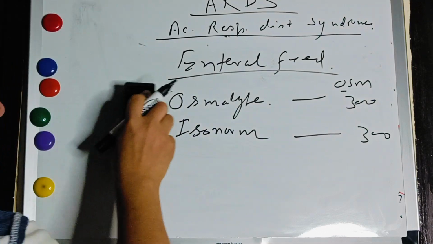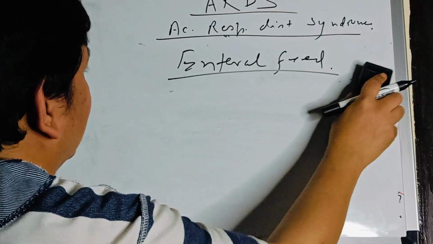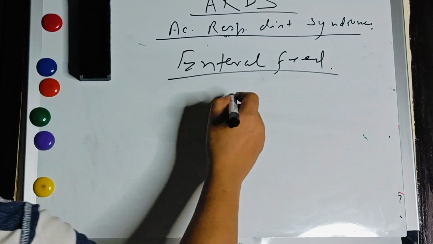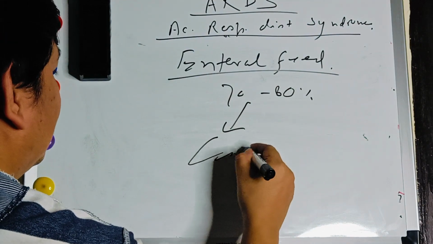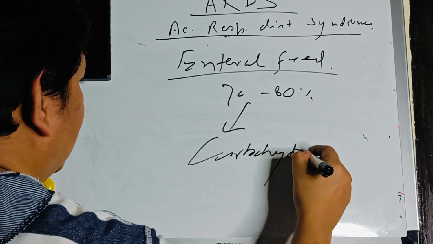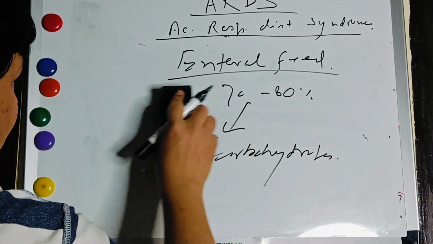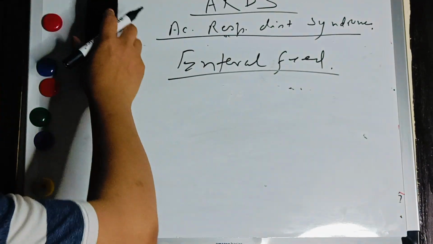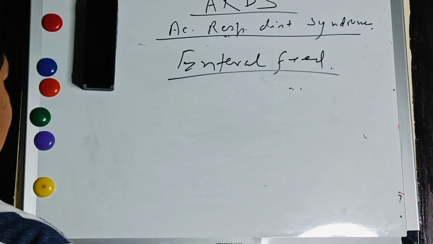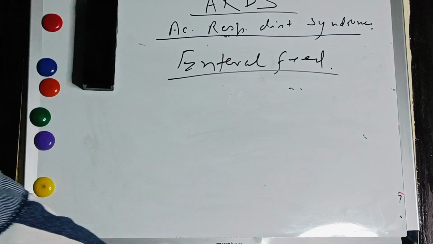There are various other names also. In enteral feed, primarily 70 to 80% of energy is coming from the carbohydrates. Then we have to supplement the fat content and protein also, and then multivitamins and minerals.